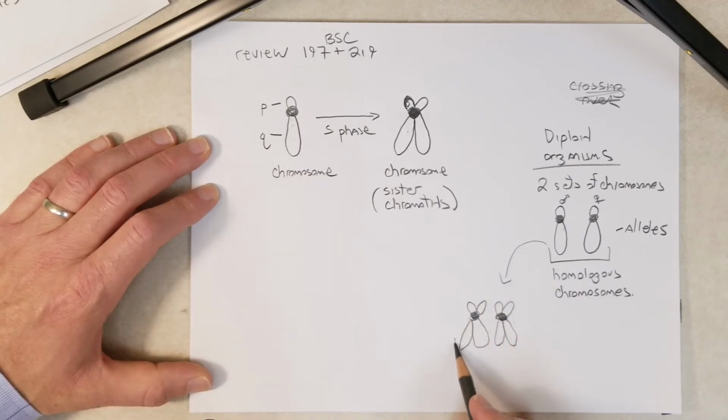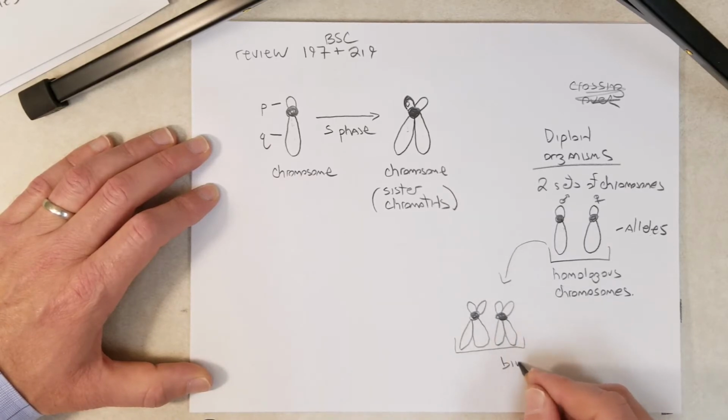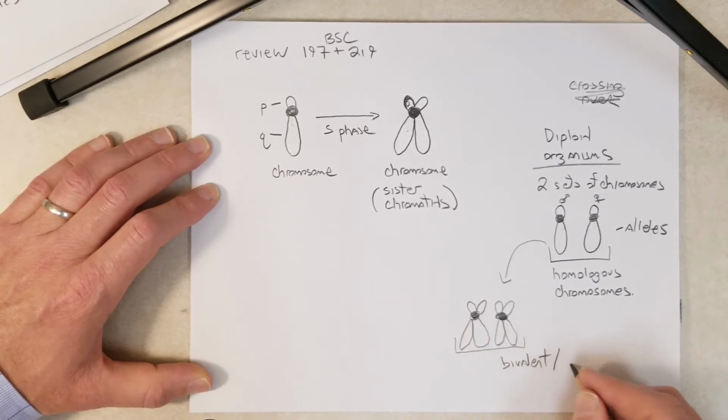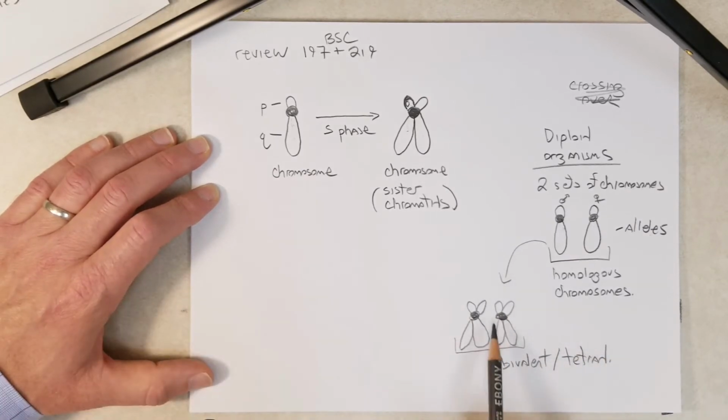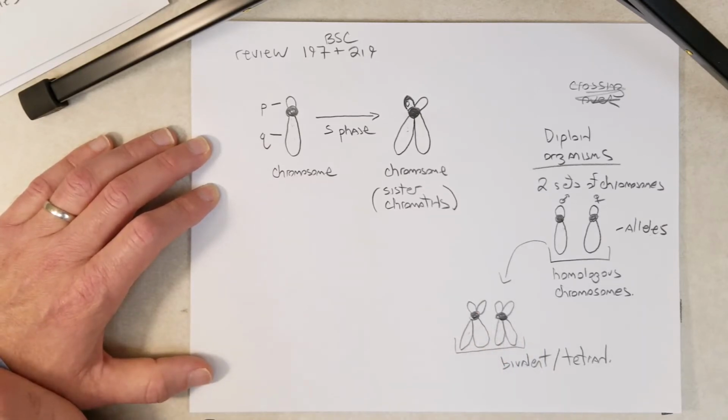And when these align, or when they're found together side by side during meiosis, they are called either a bivalent or a tetrad, which is essentially the same thing. Normally we call it a tetrad when we can see the four different chromatids that are part of this pair of homologous chromosomes.